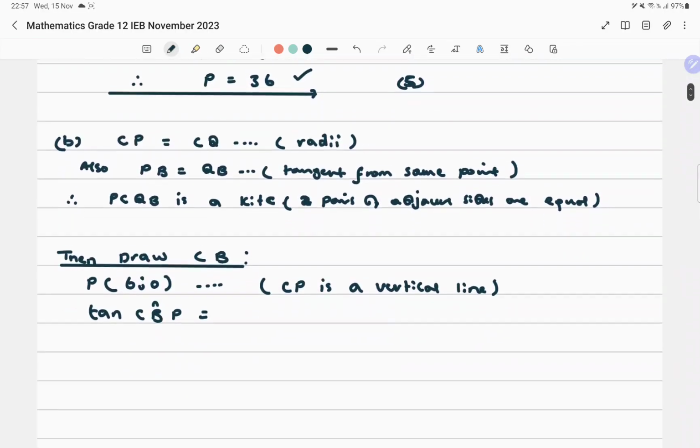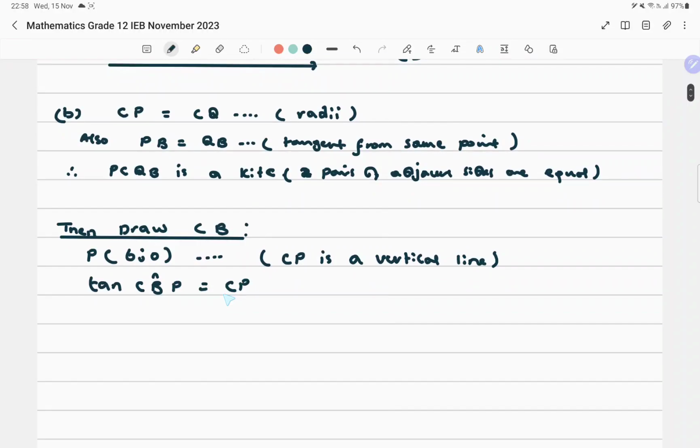Just state those sides. It's going to be CP over PB. Obviously, this one doesn't need to be justified. Tan is just tan. So we're interested in the angle, actually. That's why we're doing all of this. CP is 2 units.